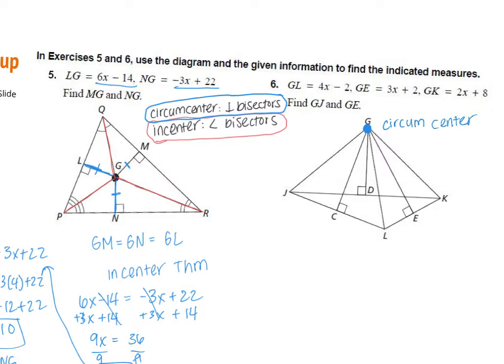Okay? So let's go ahead and figure out. So this is one of them, this is another one, and this is another one. So our equivalent lines are where we go from the circumcenter to the points of our triangle. So from G to J, from G to L, and from G to K. All of these are congruent.